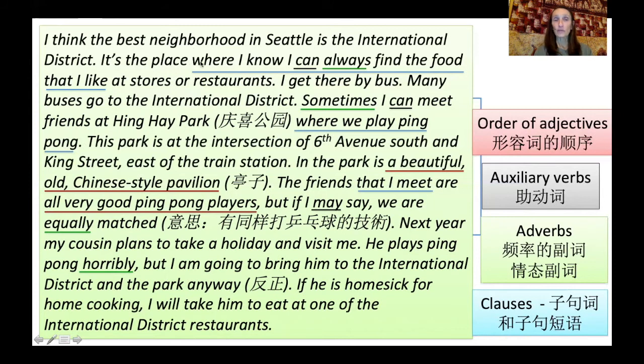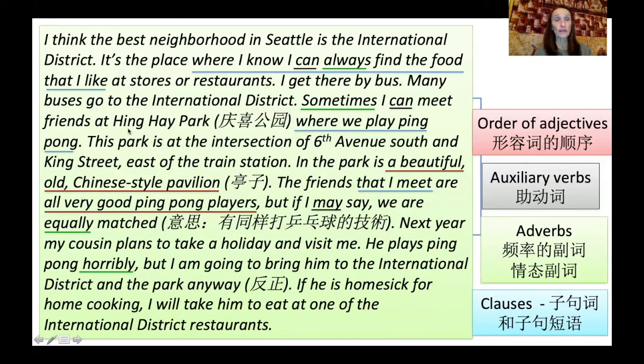So it's the place where I know I can always find the food. Well, the next idea is food that I like. Okay, and so because we're talking about food, it's that that goes with food.